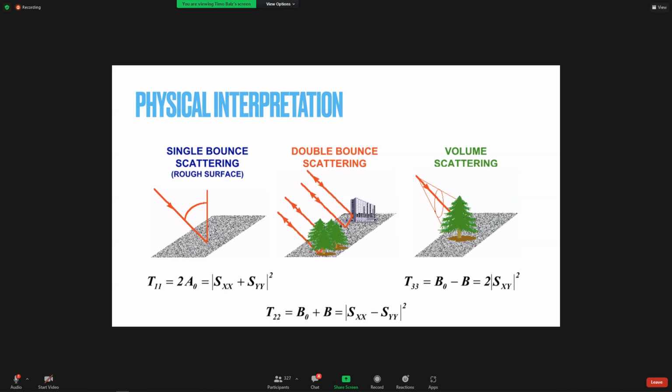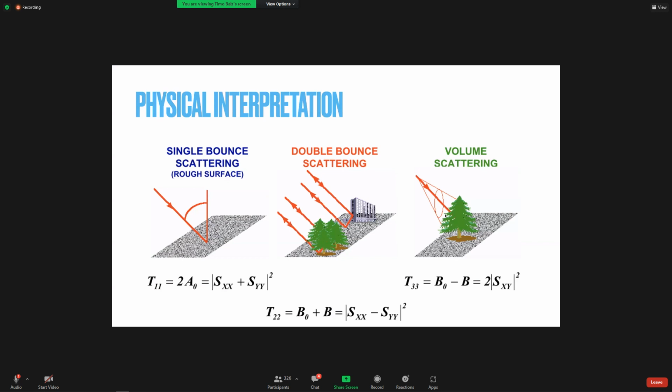So you see they're very good. The double bounces will be stronger if you do that, so that will come out, so you can separate the different bouncing and what has happened with the signal on the way. And the cross polar is very strong for volume scattering.